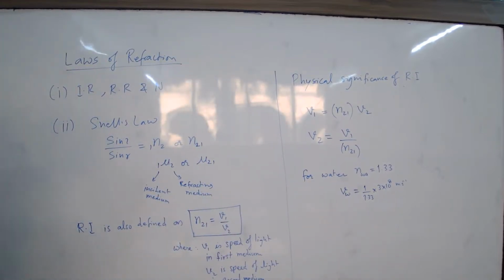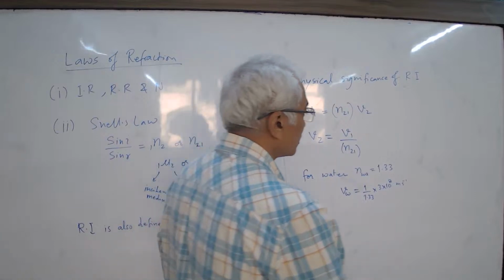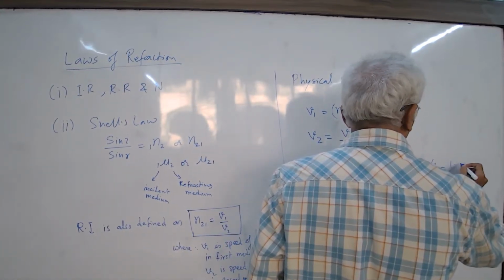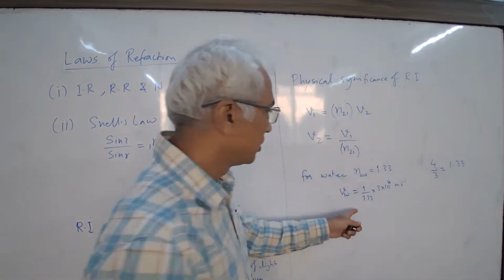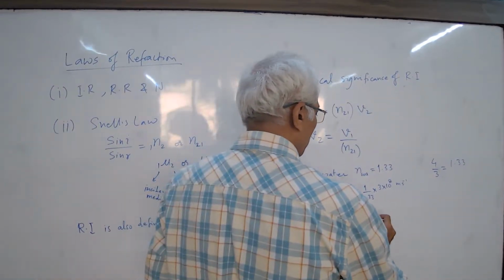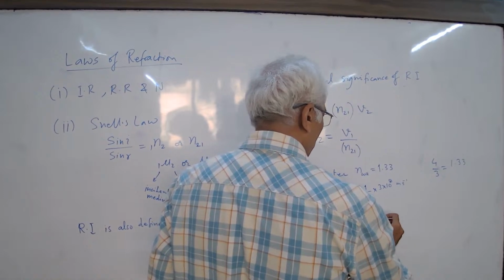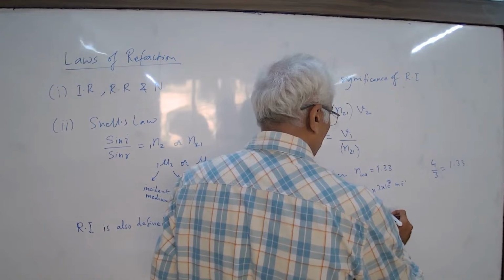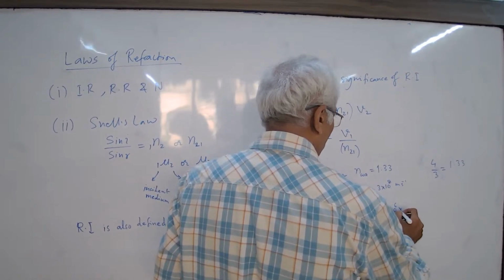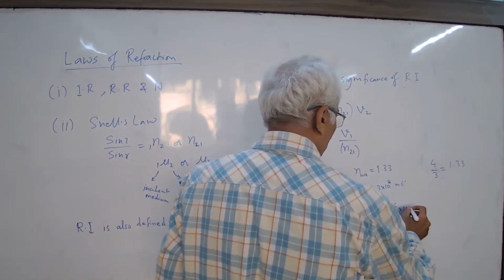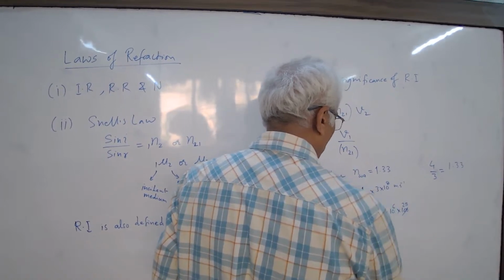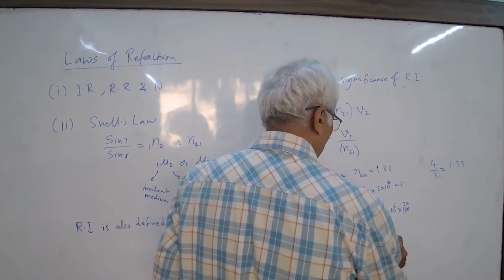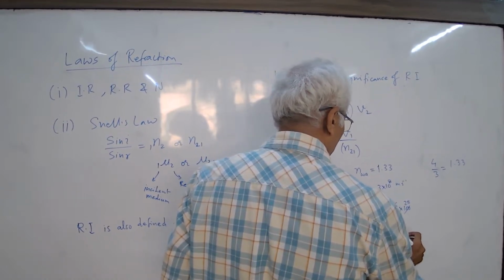Any idea how much is it, 4 by 3? 1.33 is 4 by 3. So with this, you can write it as 3 by 4 into 3 into 10 raised to 8. 3 by 4 into 3 into 10 raised to 8 comes to 2.25 into 10 raised to 8 meter per second.